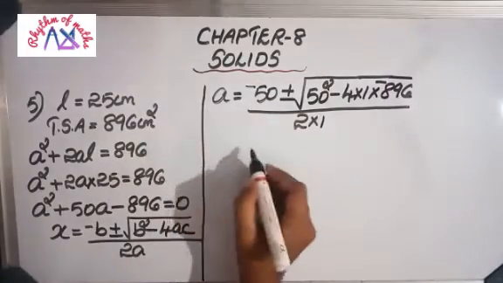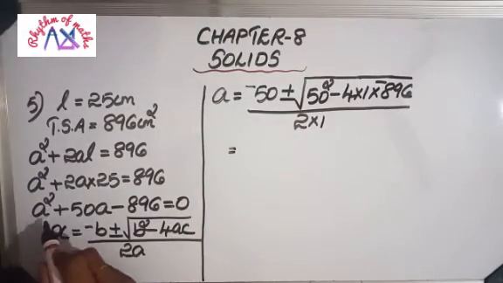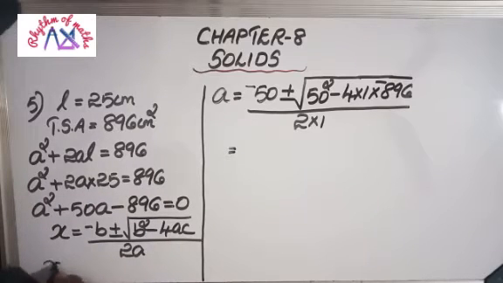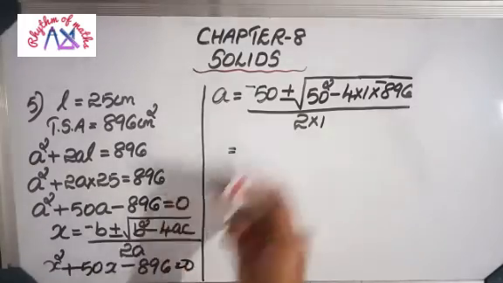I am not explaining deeply because in that chapter you have learned this. Only change is a is a variable here. When you convert this equation, it will be x square plus 50x minus 896 equal to 0. Like this also you can write, no issue. Then it will be easy to apply.